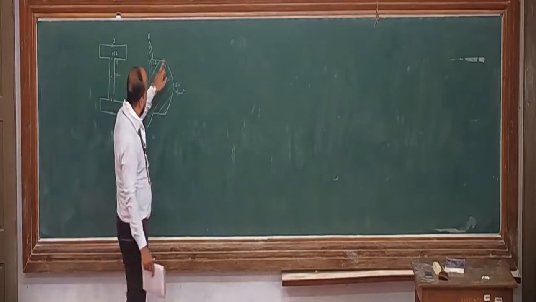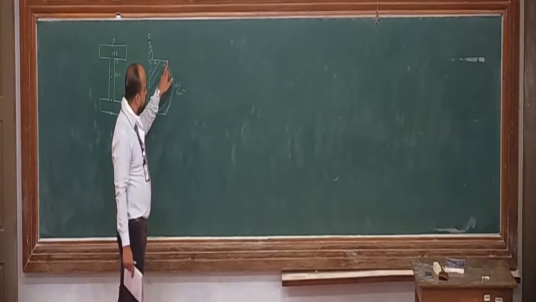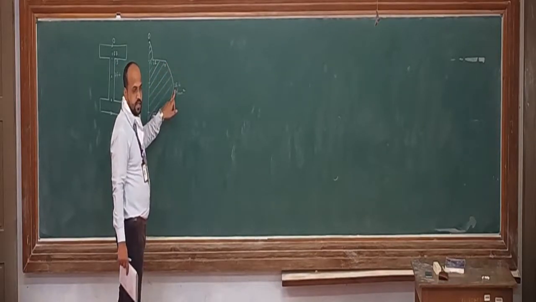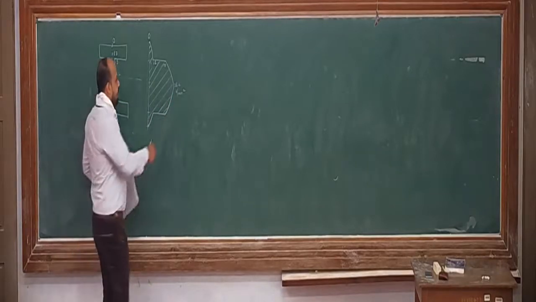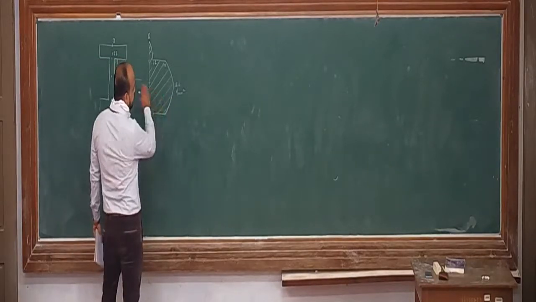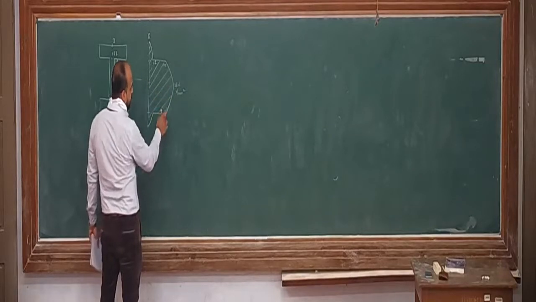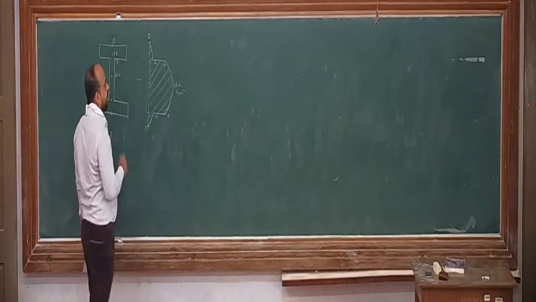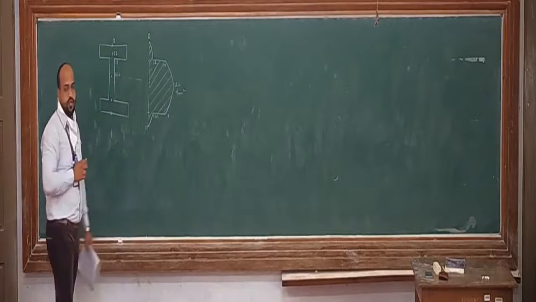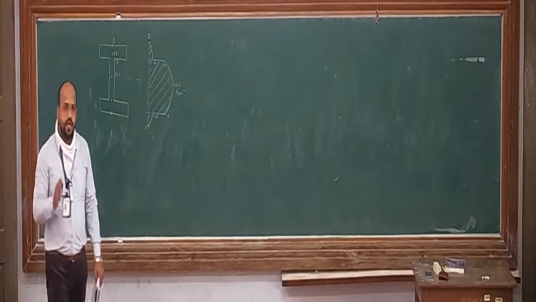Then at the top of the web it is 19, and at the neutral axis it is 26.4, which is the maximum shear stress acting at the neutral axis. Then it is symmetric, so you can draw the mirror image. Here also it is 19, here it is 1.57, and here again it will be 0 megapascal. So this is the actual shear stress distribution for the I section.